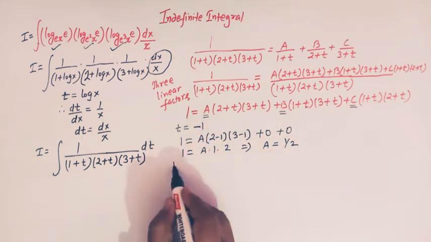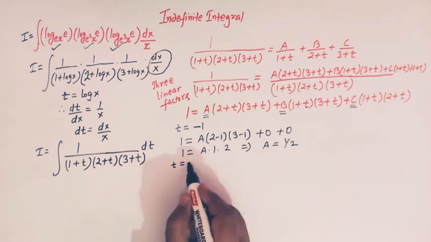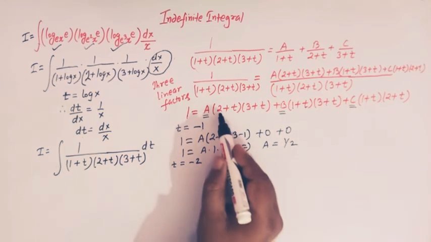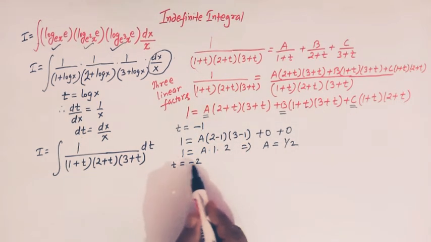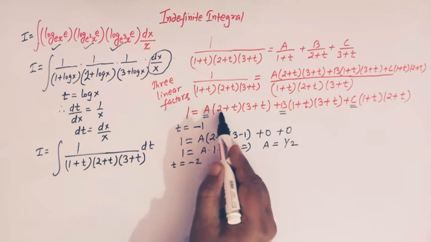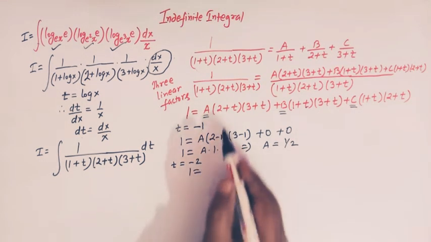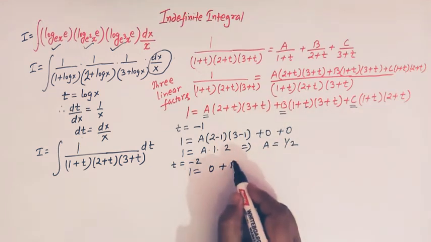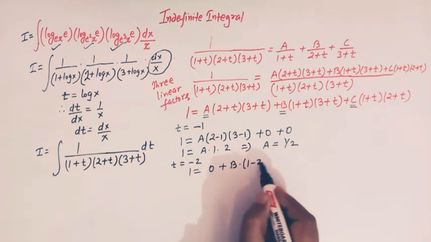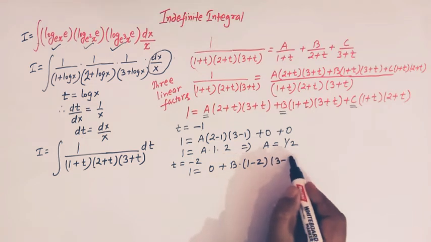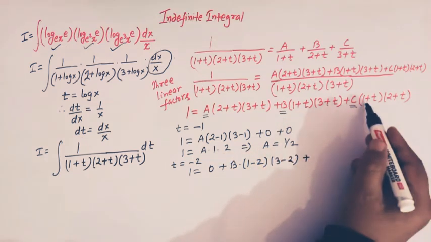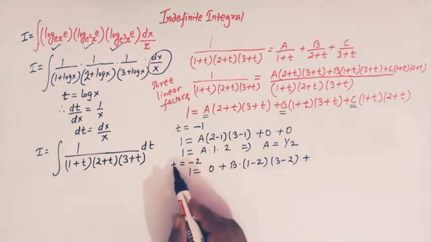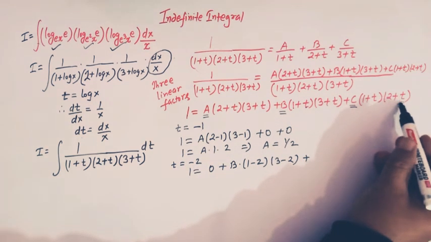And now let us take t is equal to minus 2. So when we take t is equal to minus 2, then this term becomes 0, and then we have here b times 1 minus 2 and 3 minus 2, and here this term becomes 0 because t is equal to minus 2.